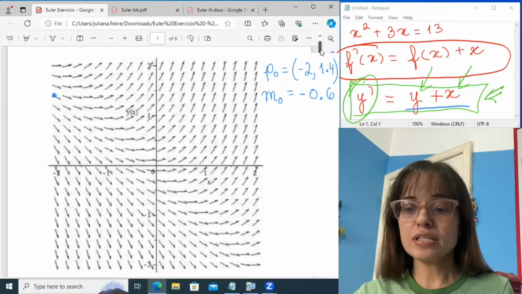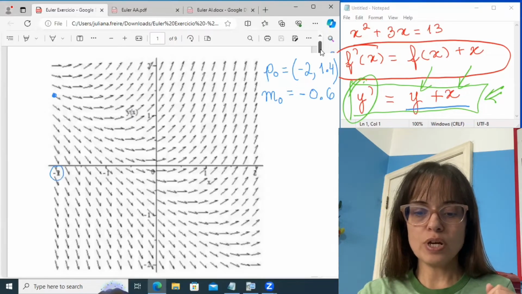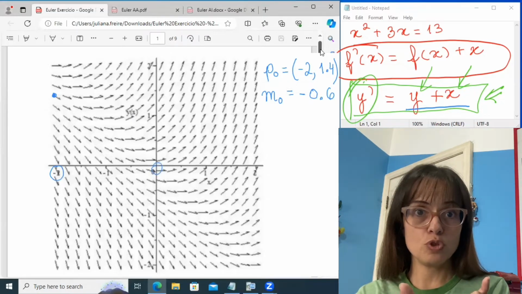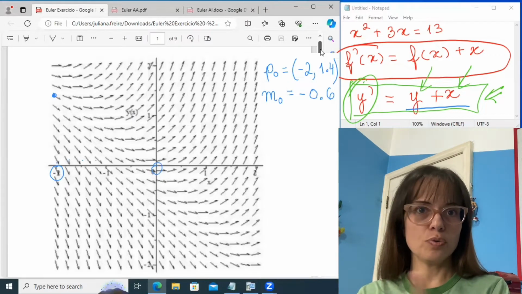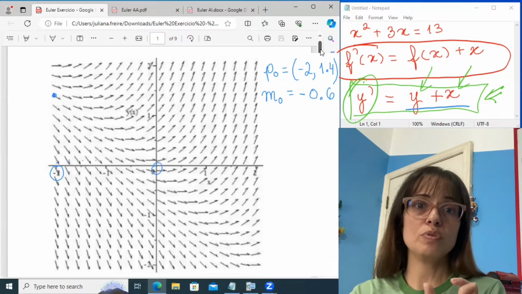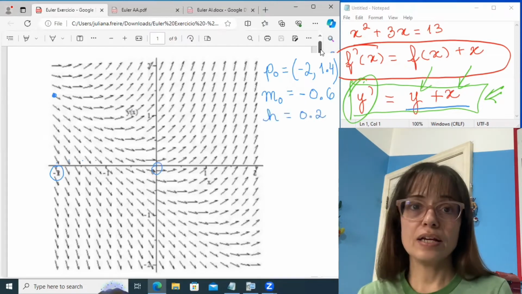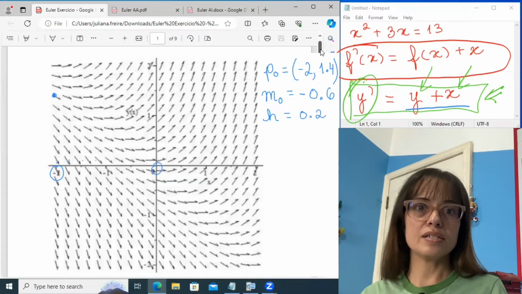So in the case of this example, I can see that between -2 and 0 here, so in a space of 2 units, I have 10 arrows in a horizontal line. So that means that each segment is going to be 0.2. And it's usual to use the letter h to represent that distance.